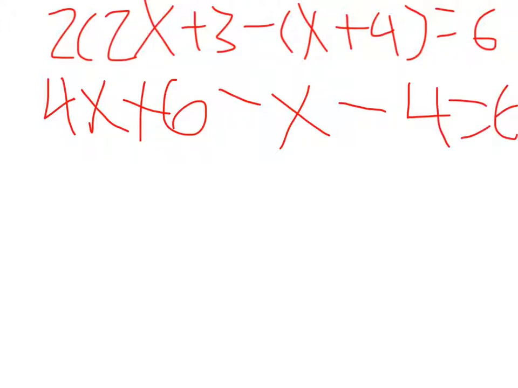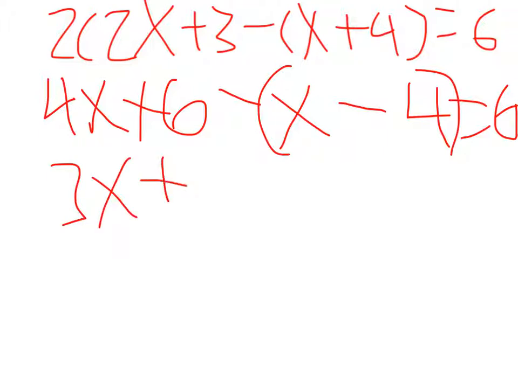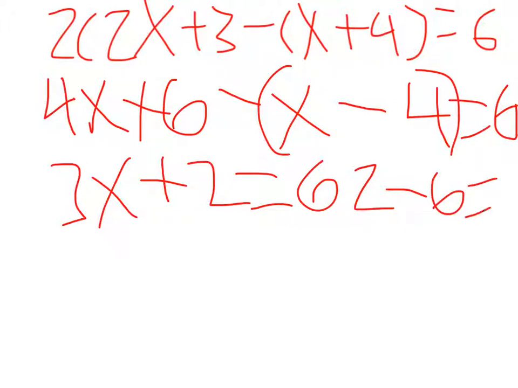Now we combine like terms, and now it's going to be 3x plus 2 equals 6. And now 6 minus 2 equals 4.